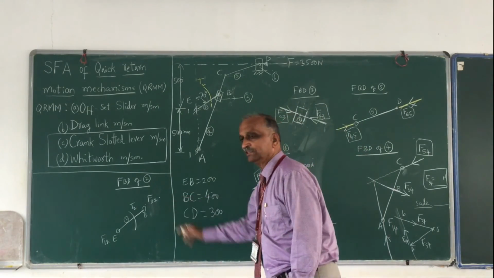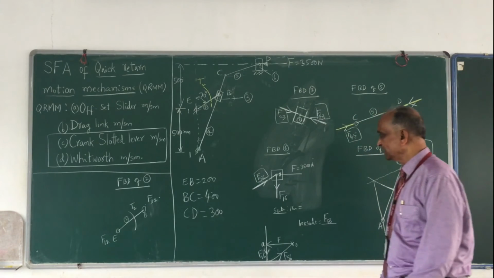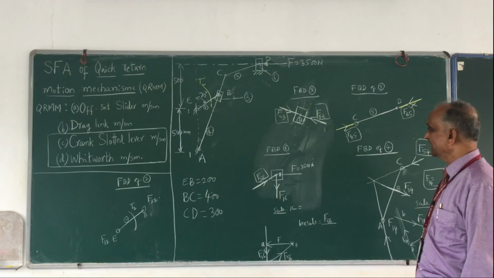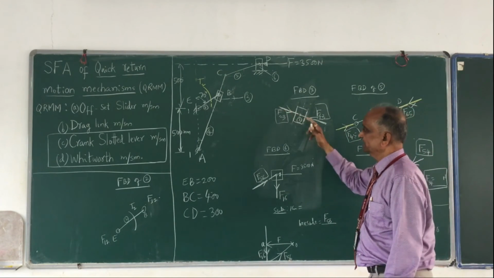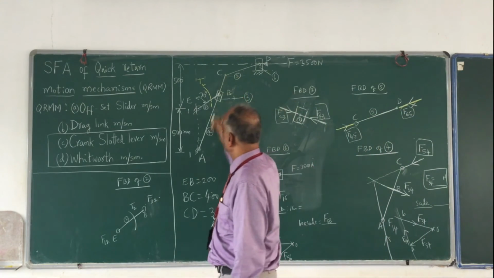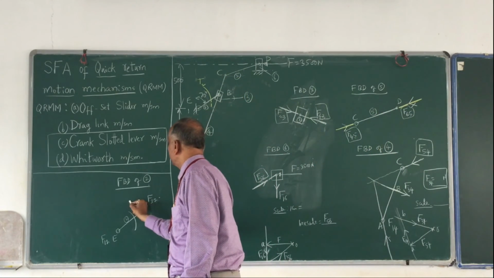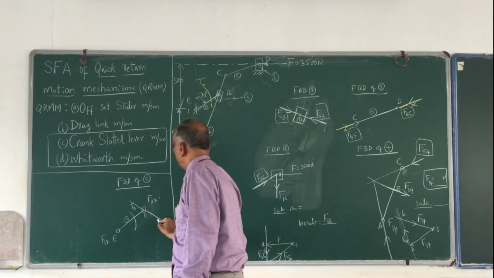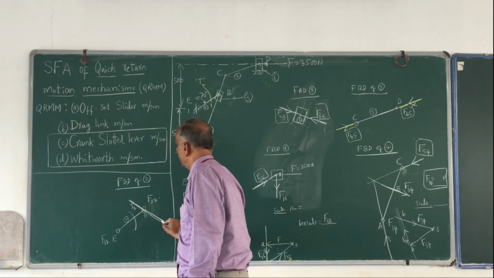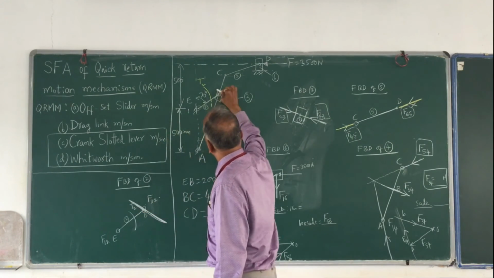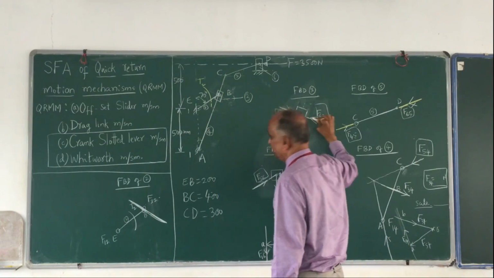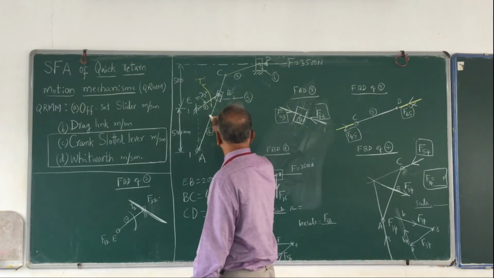So F32 is the same as F23 in magnitude but opposite in direction. F23 is like this. It is perpendicular to this. So this is the same. And what is the direction?